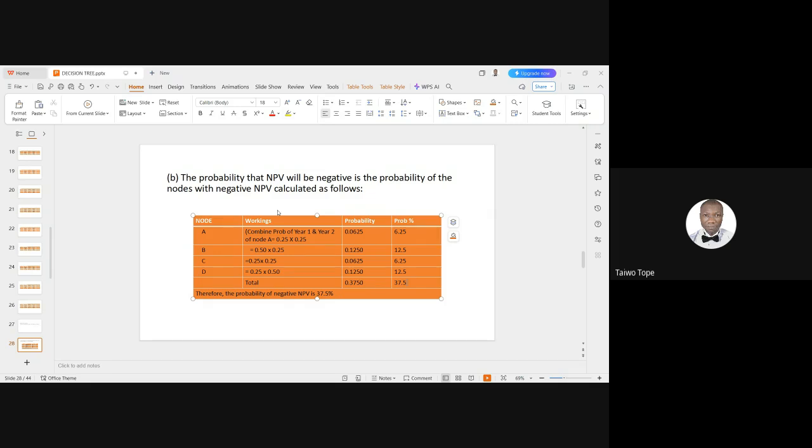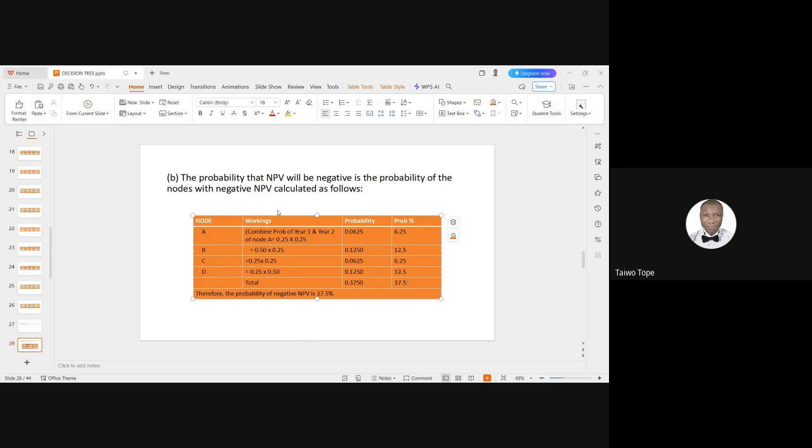Based on the theory of probability, we need to determine the effect of each chance in the decision tree resulting in a negative value. We don't want the additive effect.